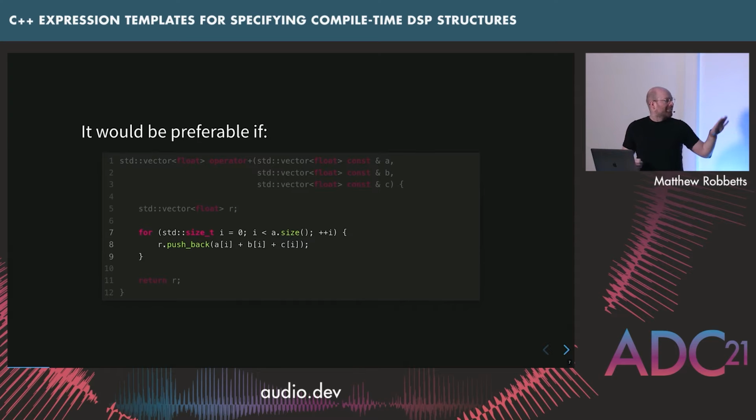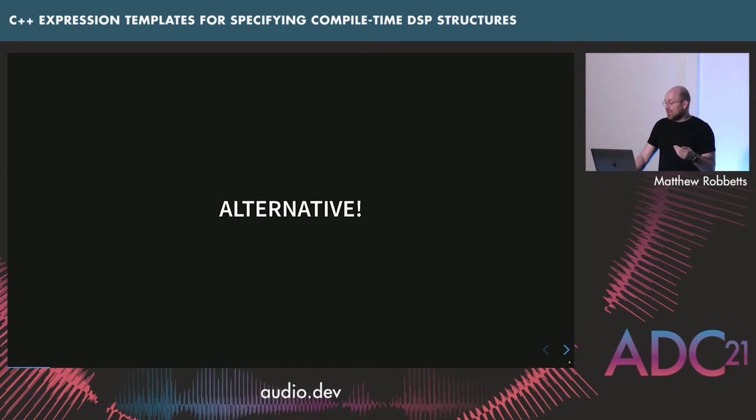Ignore the fact that I'm pushing back and it's going to be allocating; let's just pretend that's not happening. We have avoided the problems I just described. But of course, this doesn't make sense because it's a 3-input operator plus, and this does not scale either. If you could somehow do this for a complex expression, then you've just written the whole expression by hand, and you haven't actually got the benefit of an operator anymore. So this doesn't work. What is the alternative?